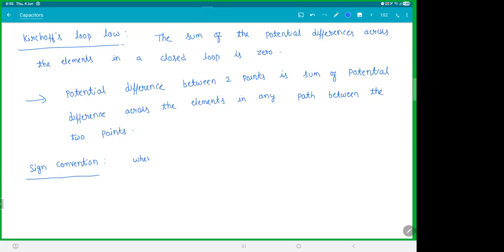We use a very simple sign convention. When you go from higher to lower potential, the potential decreases. Listen to the sign convention.